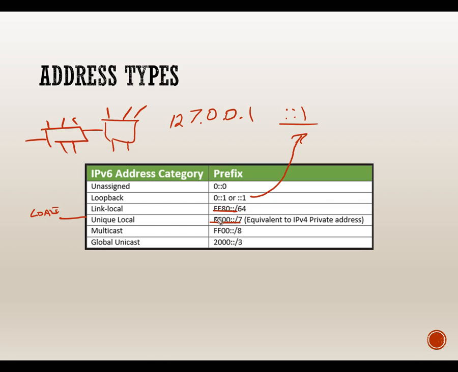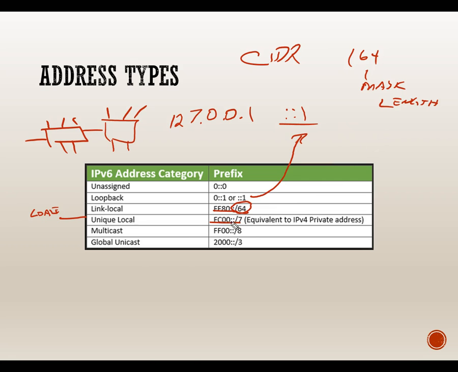Link local starts with FE80, and the slashes here are the subnet masks. This is called CIDR notation. We talked about CIDR, classless inter-domain routing. What the /64 means is there are 64 bits in the subnet mask. So the /64 is the mask length, and the mask length tells us how much is network and how much is not.